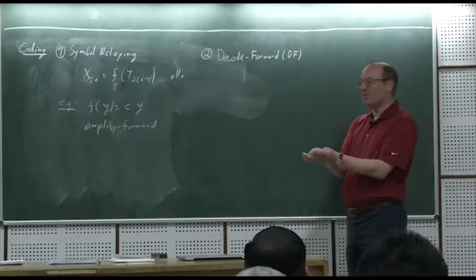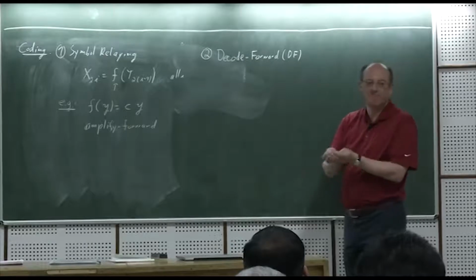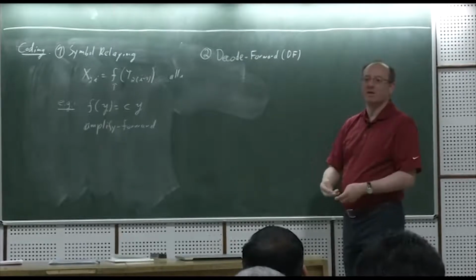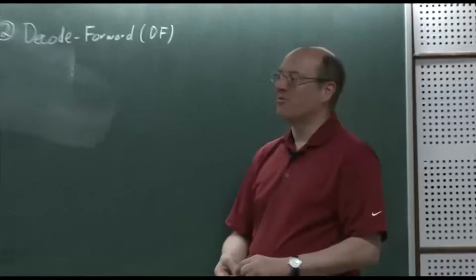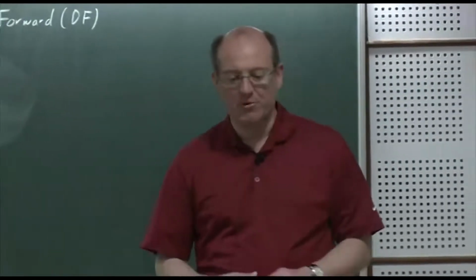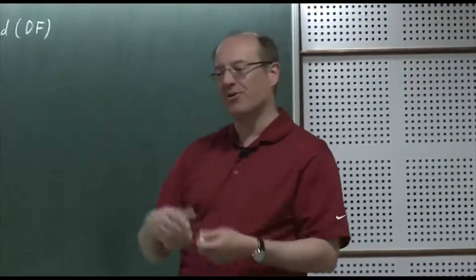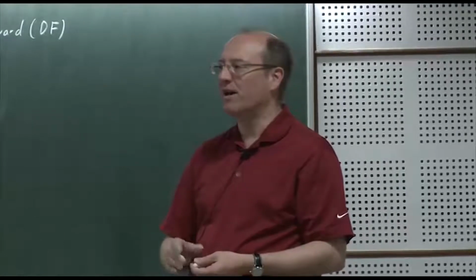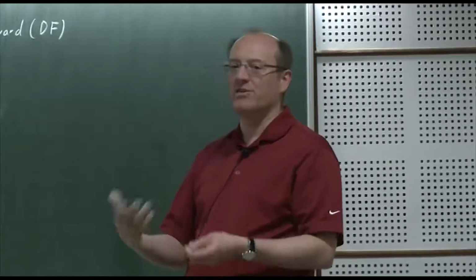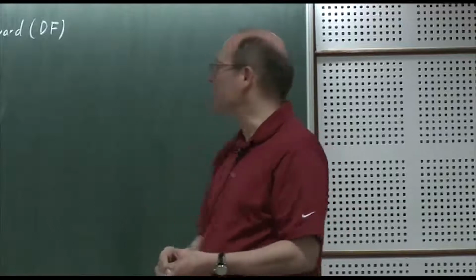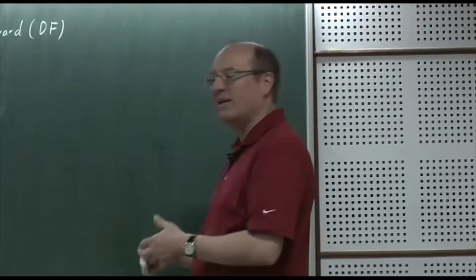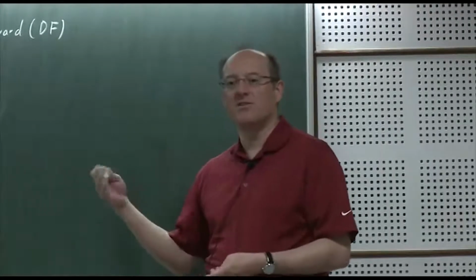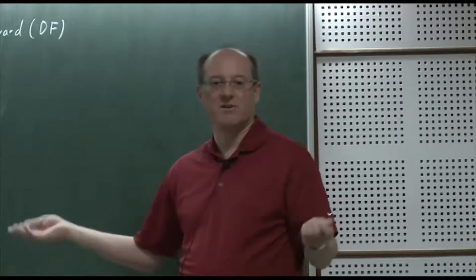So they really wrote the first real, substantial paper on relaying. There were several papers earlier by Edward van der Meulen. He started the area earlier, but the strategies he was using were more basic. This was deep in the sense that it's still the state of the art today, basically.